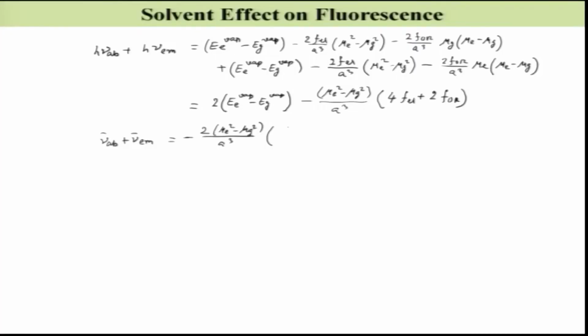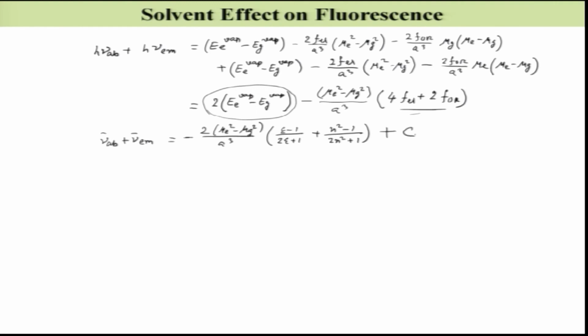So, I rewrite it over here: this is going to be equal to (epsilon minus 1) by (2 epsilon plus 1) plus, it is not minus now because of this term, (n square minus 1) by (2 n square plus 1), right. And obviously this quantity is just a constant.